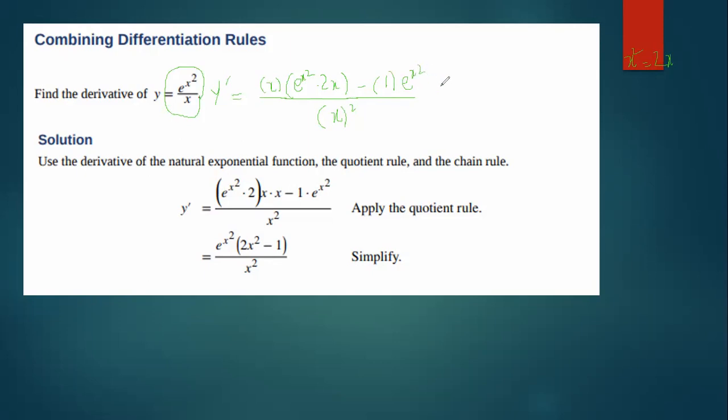Now taking e^(x^2) common, it will be 2x into x, that is 2x square, minus 1, divided by x square. So here we apply the quotient rule, and in the derivative portion we also apply the exponential rule.